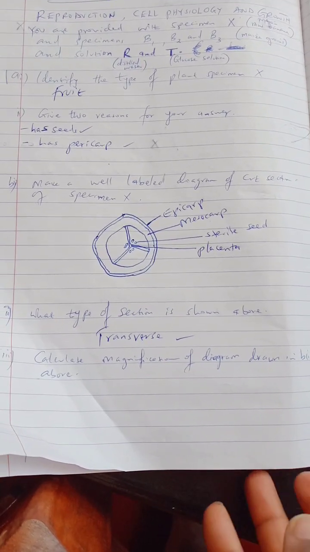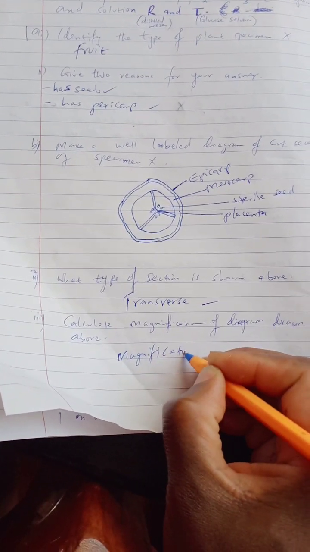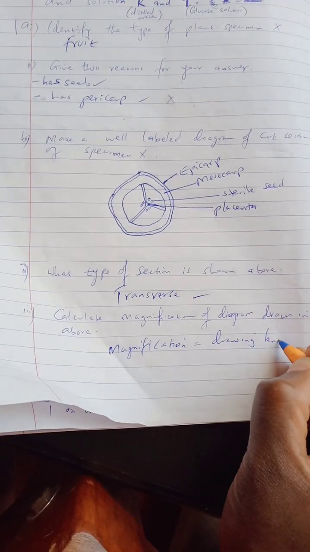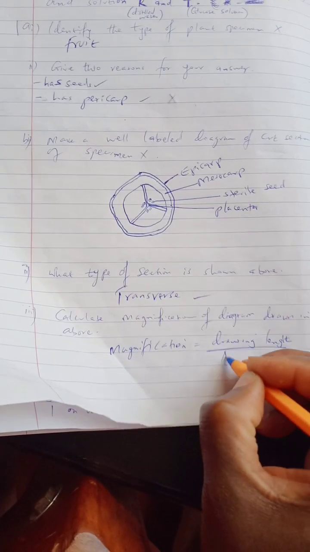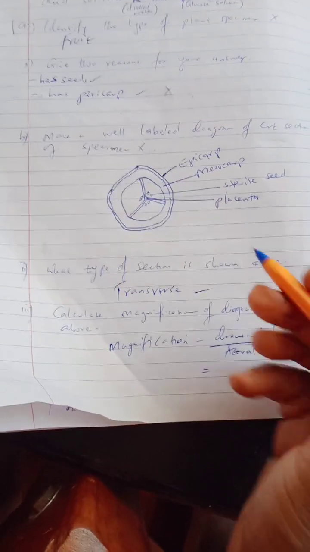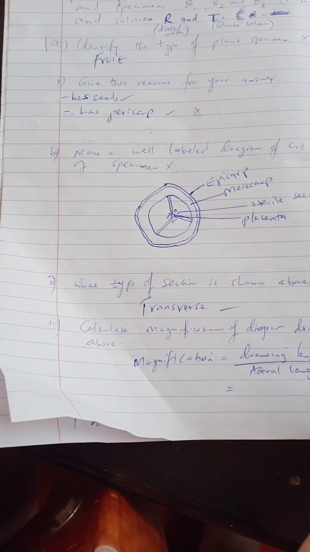Then calculate the magnification of the diagram you have drawn. So you write: magnification equals drawing length divided by actual length. Then you take your ruler, you can measure from this side to this side, and get the length.